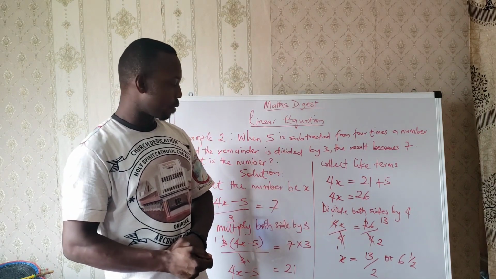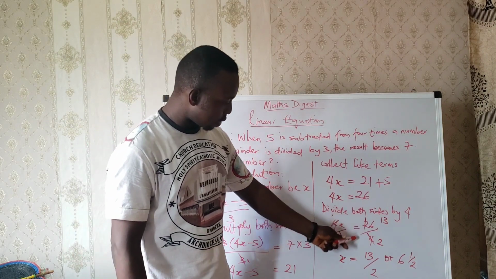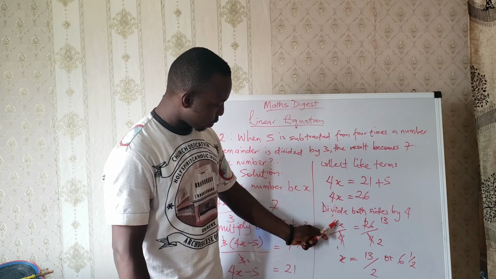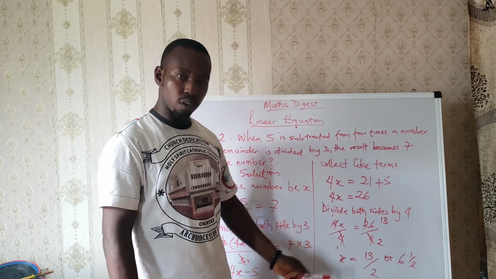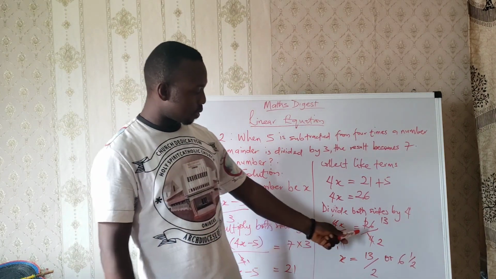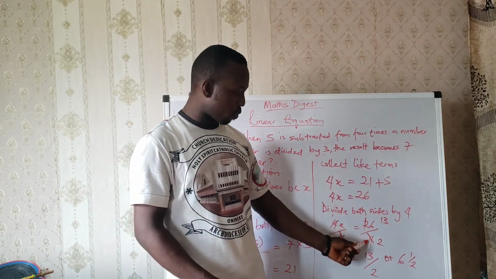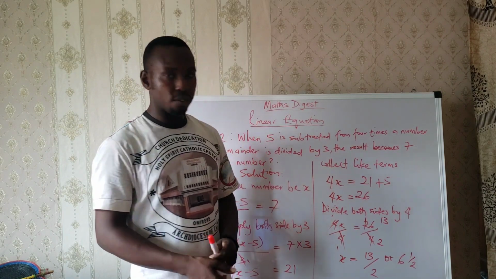I believe you are following me. After this, we bring it down. This 4 divides itself and divides the 4 here. So we cancel it off and have only the variable x. While this 26 over 4, we could have used 4 to divide, straightforward. But why did I choose to use 2?